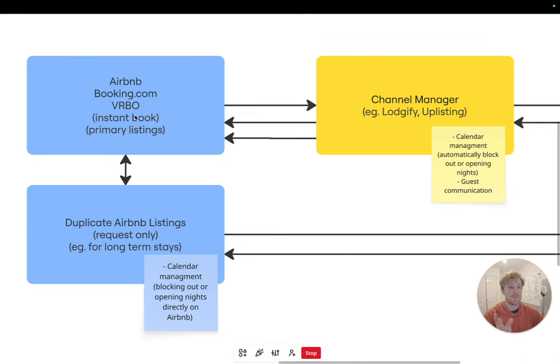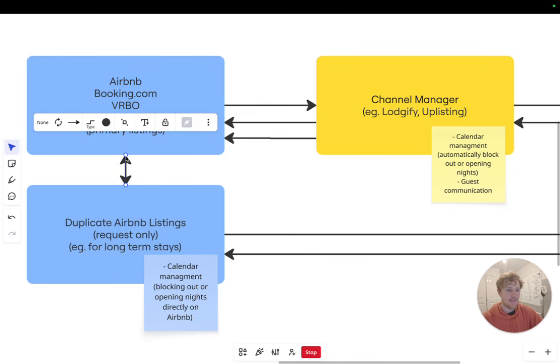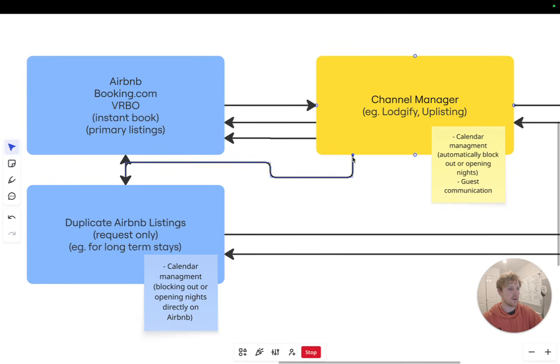Oh no, actually, I'm going to change this to here. Oh, that's strange, I was trying to see if this would work if you put it here. I don't know what's happening there. Long story short, you have to manually block out those nights on these platforms. Otherwise, you're going to get a double booking potentially.